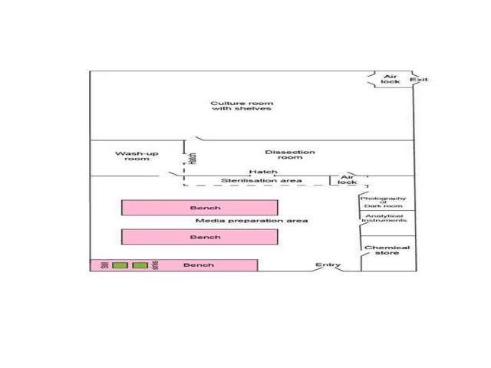On the left side we should maintain very big benches or tables for experiments, for collection or preparation of explants, media preparation and other things. So we can maintain two to three benches or desks or working benches for performing such activities.